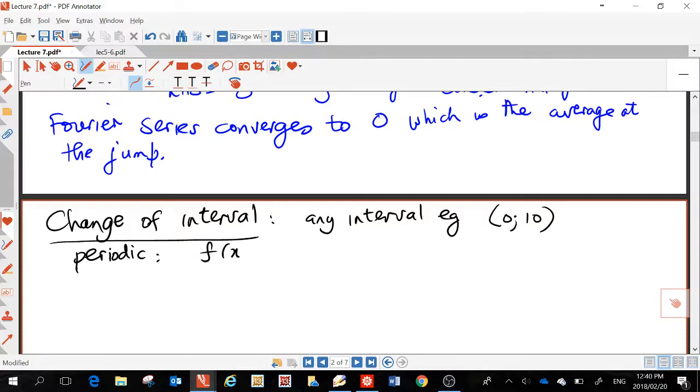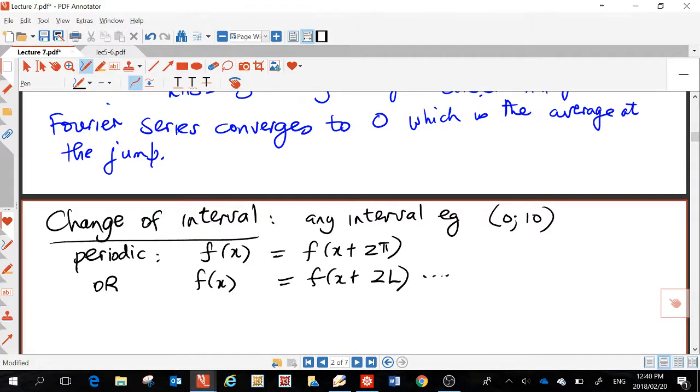What that means is that f of x gives you the same answer as f of x plus 2 pi, if 2 pi is the period of the function. Every 2 pi, you cut and paste the same thing. You can have any other period, or you can have f of x giving you f of x plus 2L, where L is any number. So you can have the same shape from 0 to 10, just cut and paste all the time.